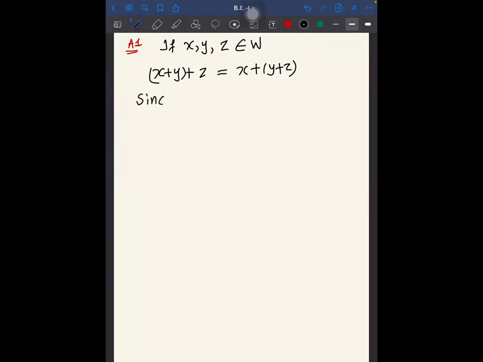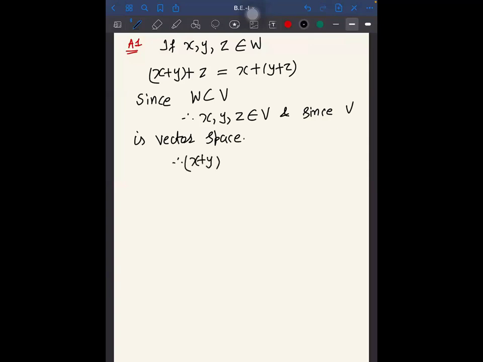So these X, Y, Z also belong to V, and since V is a vector space, all the properties of vector spaces are getting satisfied. So that means (X plus Y) plus Z must be equal to X plus (Y plus Z).